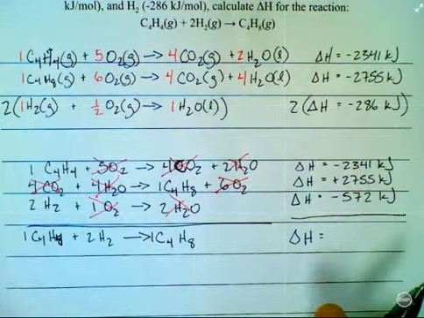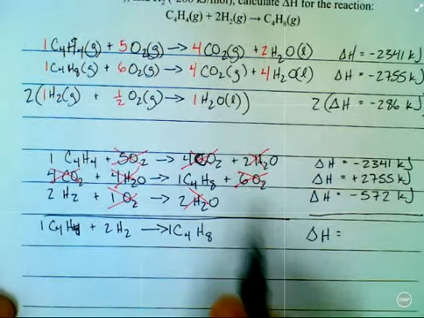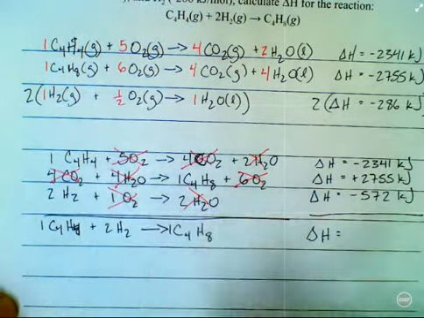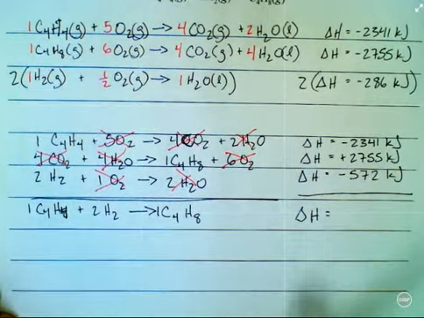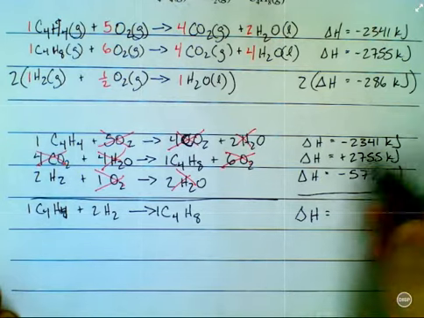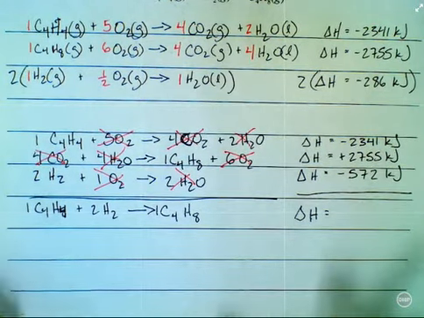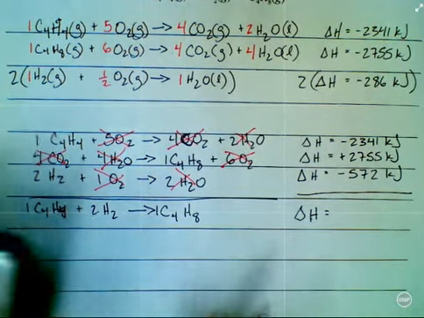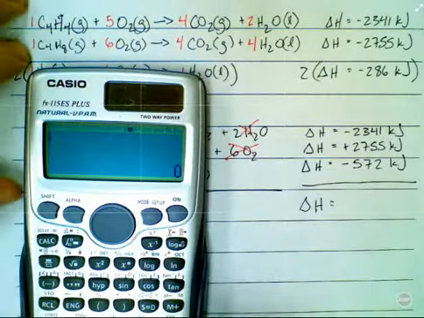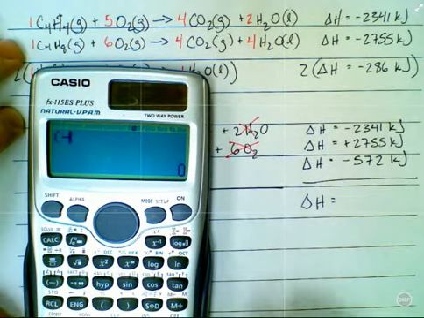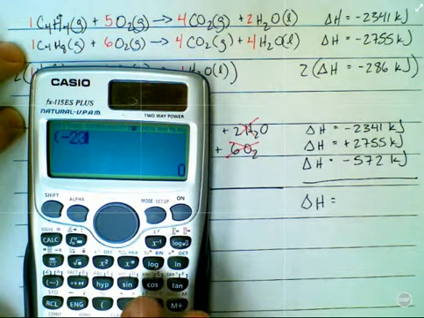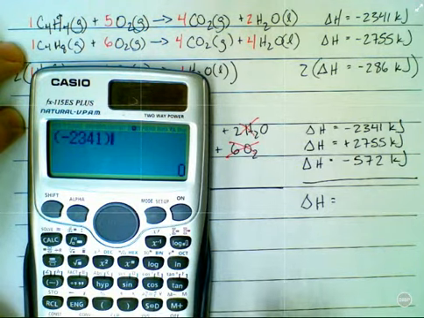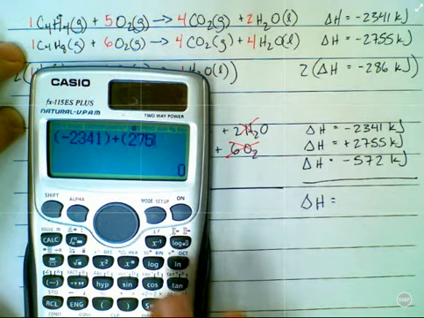Now, in the same way that I summed all of these equations up to yield this final equation, I'm going to do the exact same thing to these delta H's. So I'll go negative 2,341 plus 2,755.